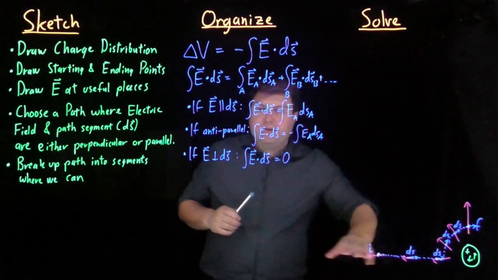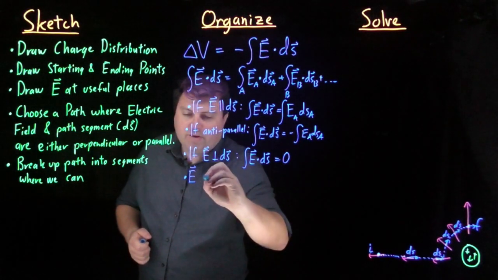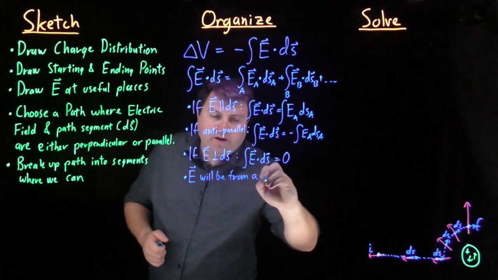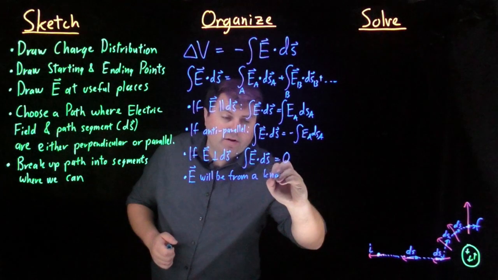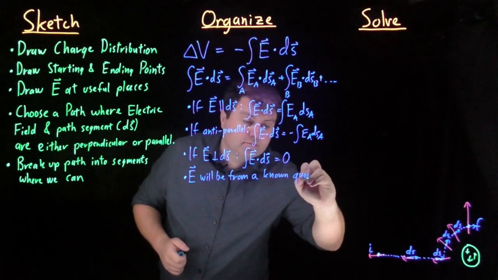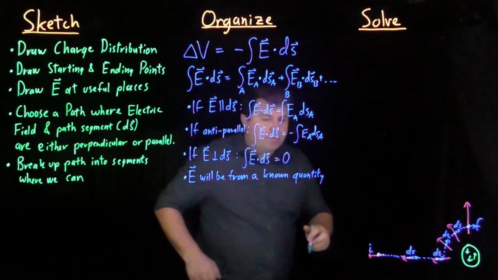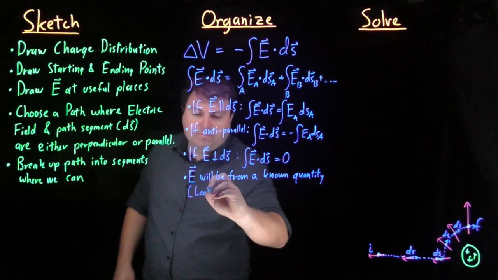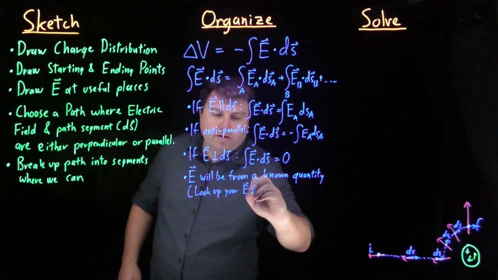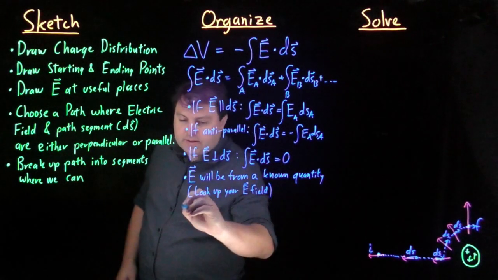And so what's nice about this is then my electric field will be a known quantity. So in this case, I can look up, or I'll be given the electric field.